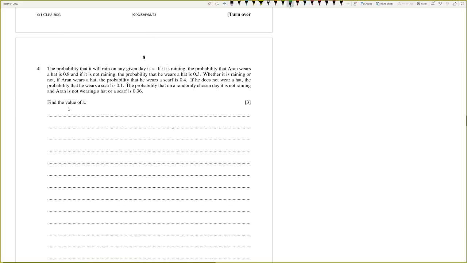Let's break this down. So firstly, we have the day. The day begins with either raining or not raining. The probability that it rains is x, and the probability that it does not rain is 1 minus x. Now, if it rains, the probability that Aran wears a hat is 0.8.